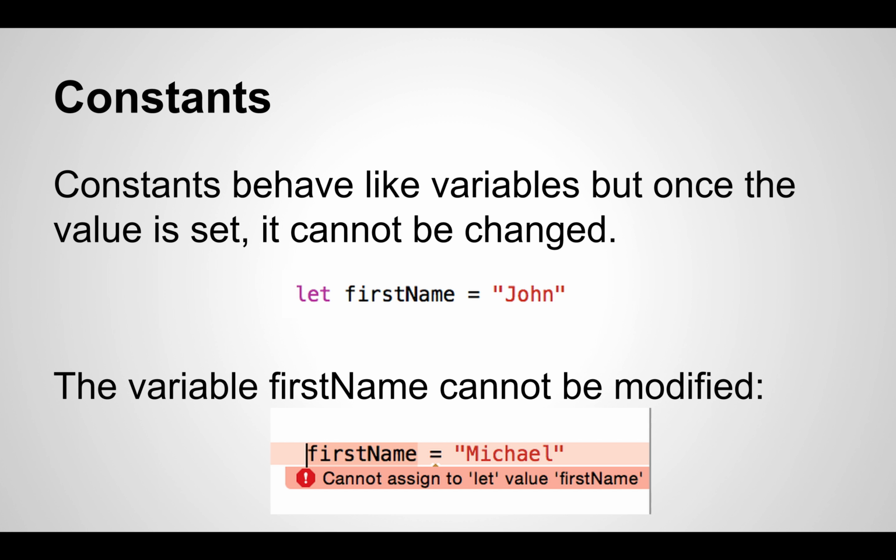And if later in the program we try to change that and say firstName is equal to "Michael", this will give you a red error, and it says cannot assign to let value firstName, which in layman's terms means that it's a constant, you cannot change it. It has to stay John, okay? Which is great. Let's say you want to use the value pi, it's 3.14, so you don't want anyone to change your program and put it to a value of 10, right? Pi needs to stay pi, all right?